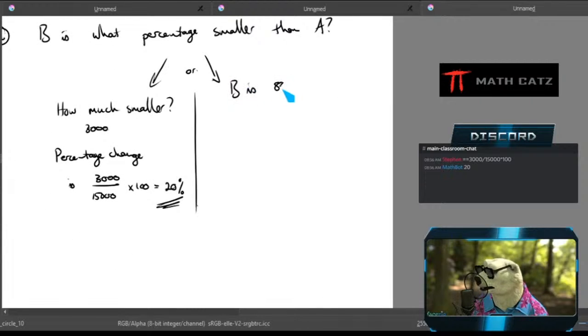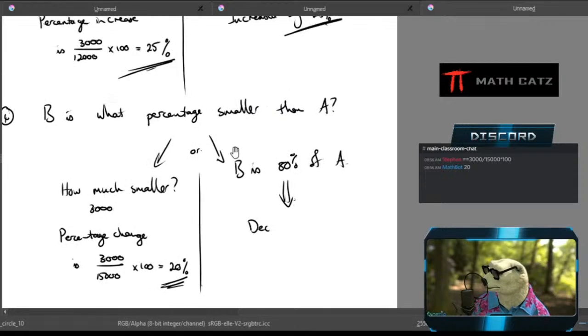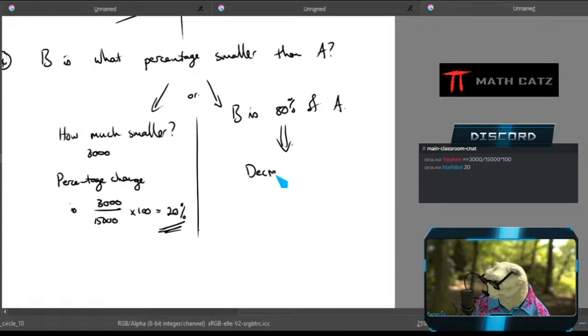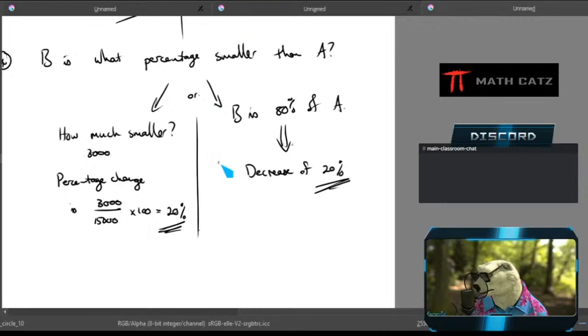B is 80% of A. So from that, I can also get that it's a, did I say decrease? Did I say decrease up here? No, it's all good. It's a decrease of or by or whatever, 20%. Because it's from the base 100 I went down by 20%, so it's a 20% change. So in either case, I get the same result, of course.